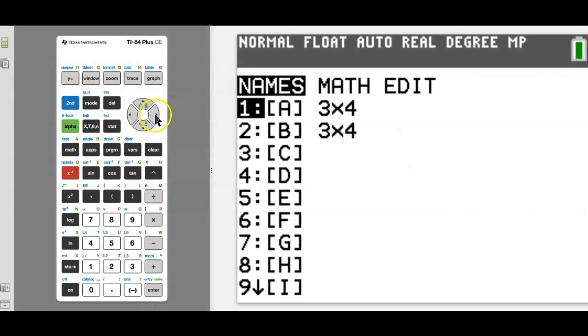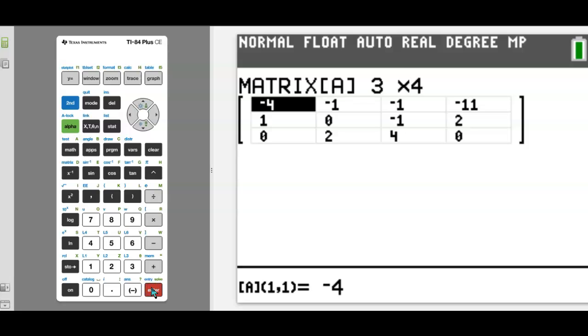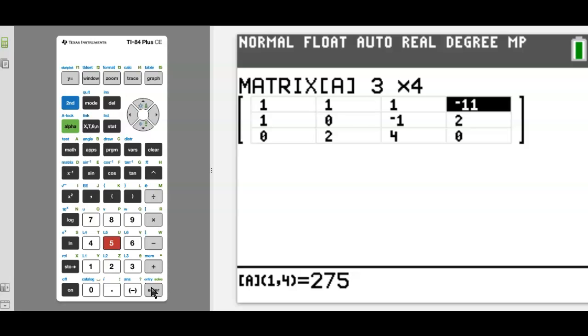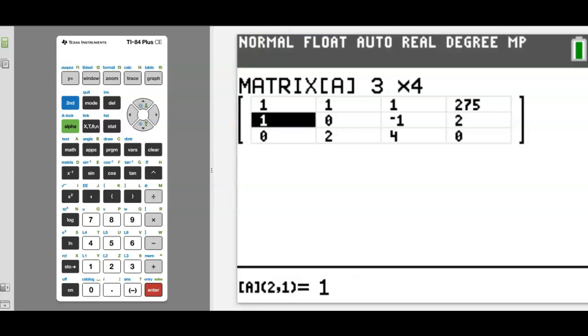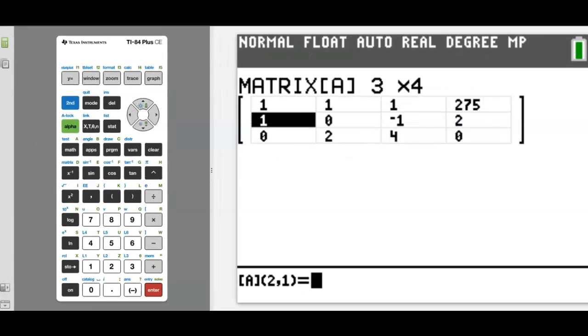Second matrix over to edit. It is a 3x4. The first sentence was 1, 1, 1, 275. The second sentence was 1, -4, -4, 0.